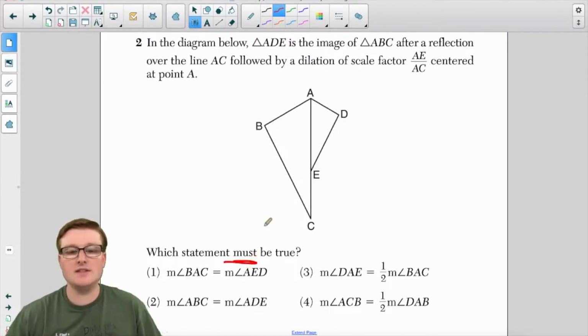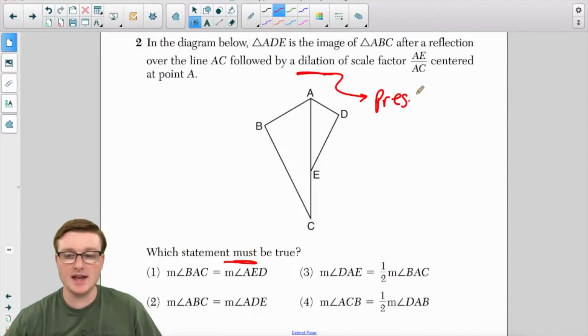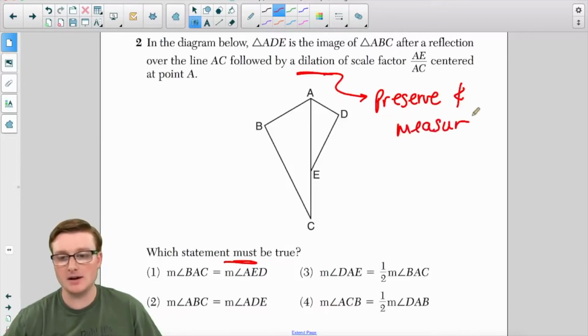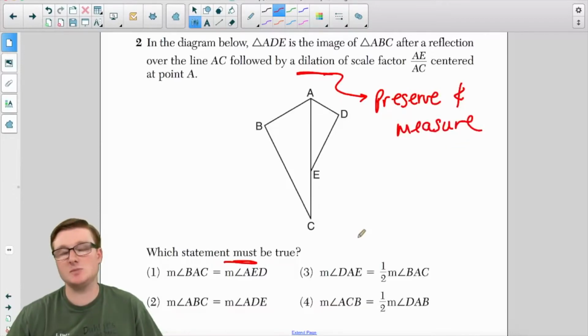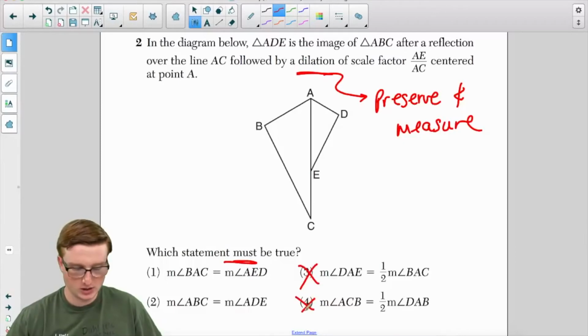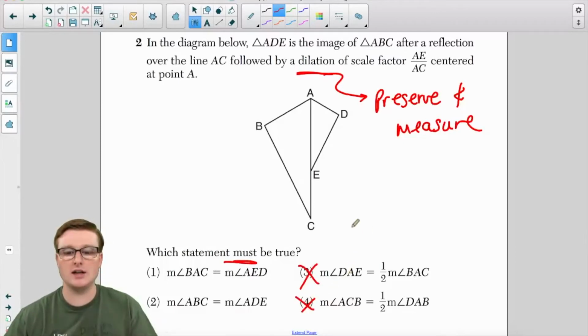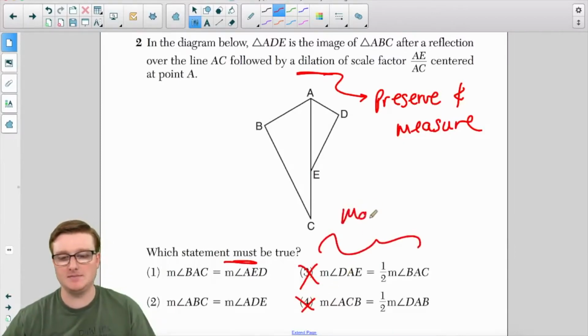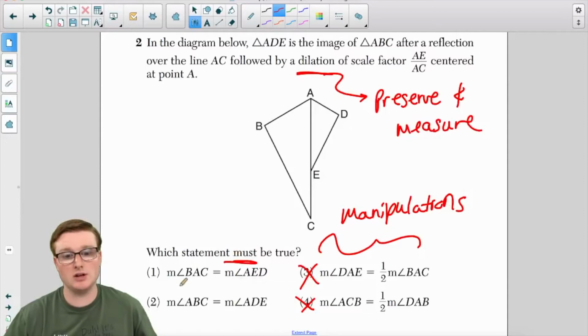Okay, so this is a dilation. Dilations preserve angle measure, and all these answers are talking about angle measure. So choices 3 and 4 are dead wrong. They are manipulating them, and we don't want that at all. We need either choice 1 or choice 2.